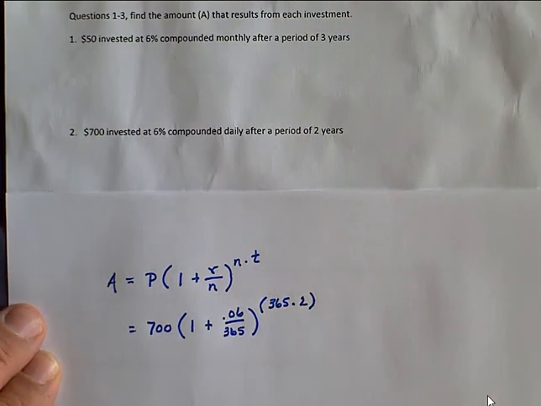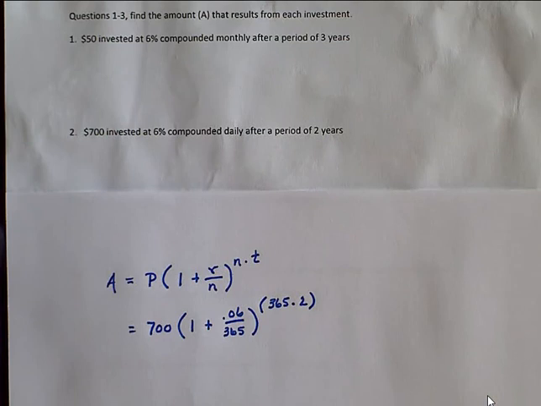Okay? Now, all you've got to do is take your calculator and type all that in. And I would do so using the parentheses just like I have them. 700, parenthesis, 1 plus, I'm going to put the fraction in parentheses, 0.06 divided by 365, parenthesis, raise that to, and in parentheses, I'm going to put 365 times 2. Now, unless you tell it differently, it's going to do some of that anyway, so that's not a big deal.